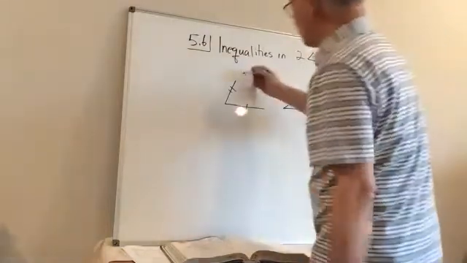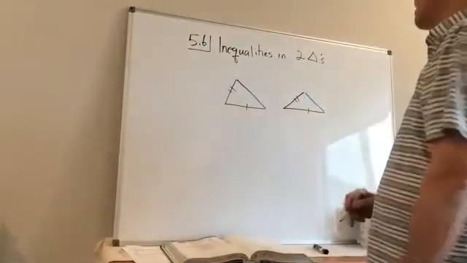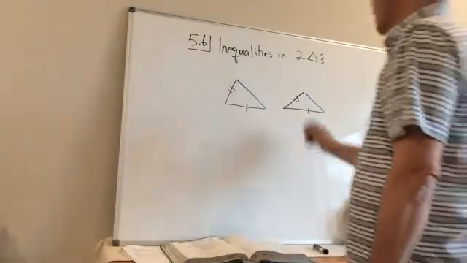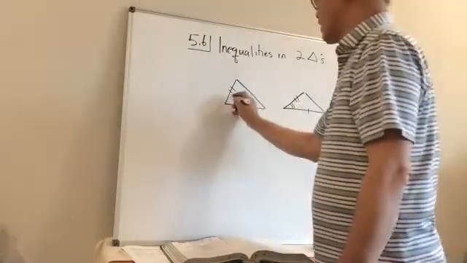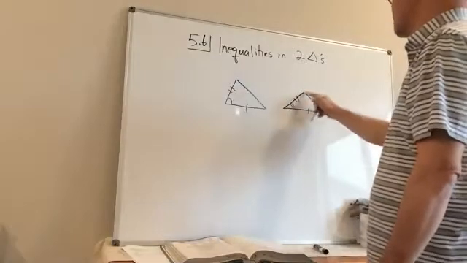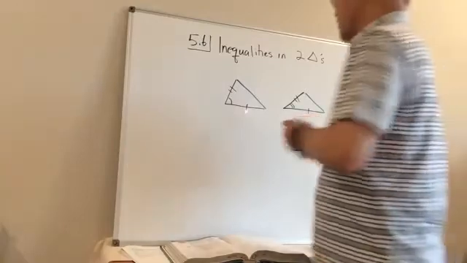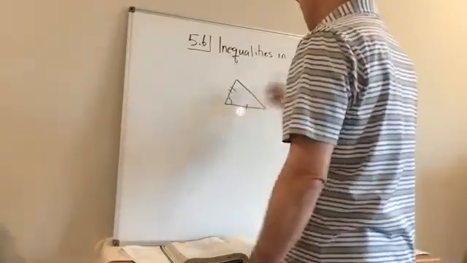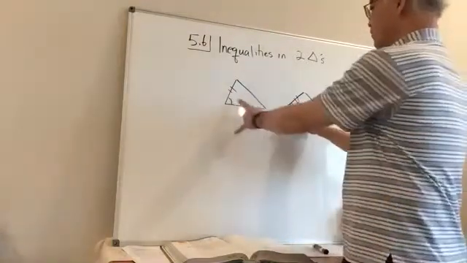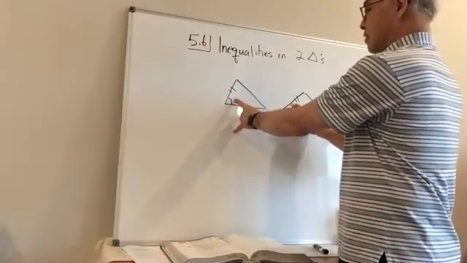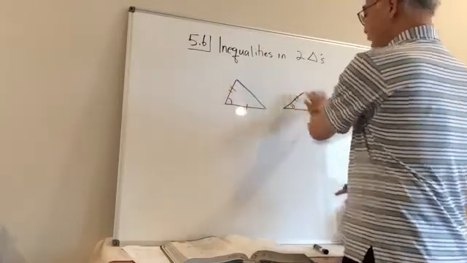This third side versus this third side: this angle here is smaller than this angle, so therefore this side is shorter than this side. In other words, if I have two congruent sides with different included angles, then the larger the included angle, the longer the other side.